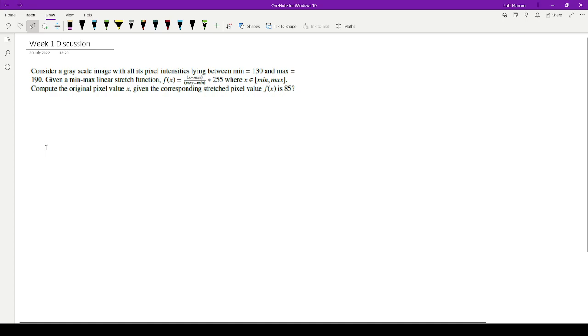This is an instance of contrast enhancement, a kind of pre-processing that you would have seen before binarization in the lecture. So okay, we'll try to solve this.